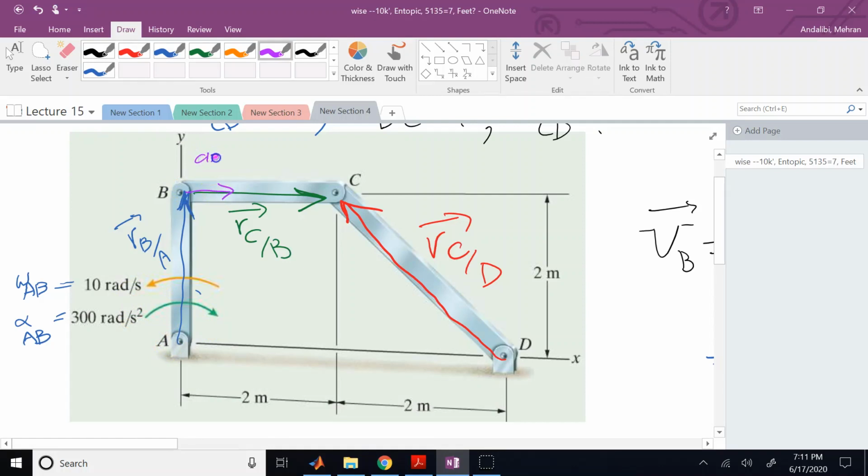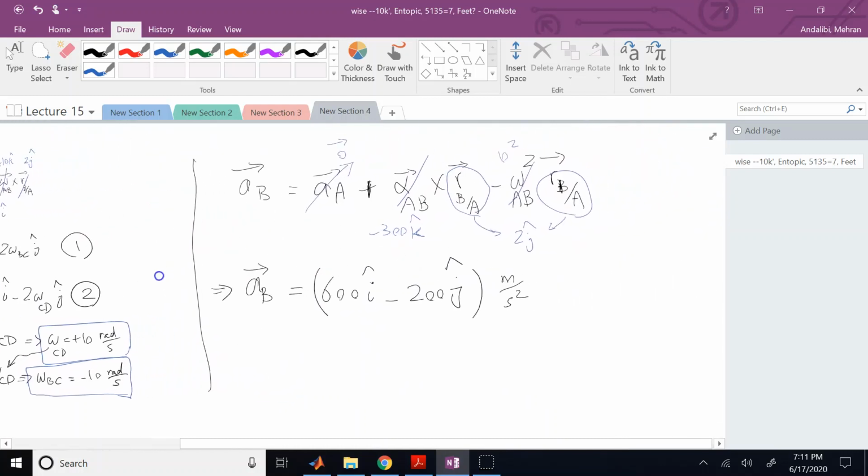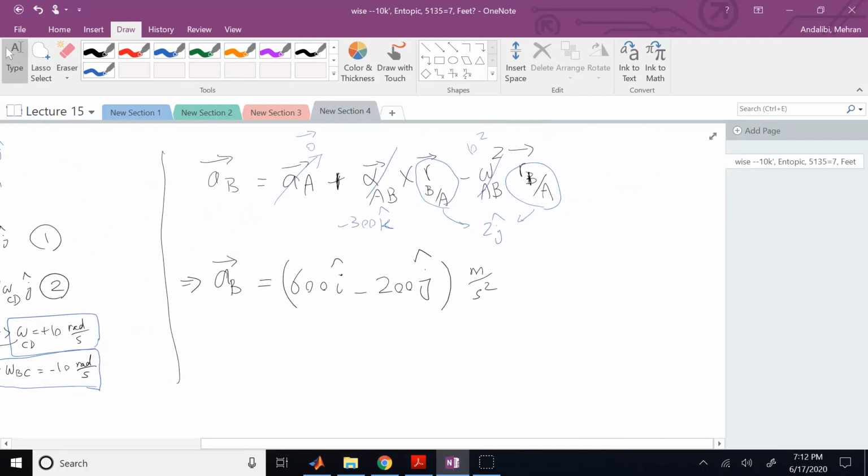So this is A of B with respect to A tangential. And then the normal is always toward the center. So this is A of B with respect to A normal. And you see it is negative J and positive I. And this says yes, the A of B that I found is correct. Now I go to A of C.